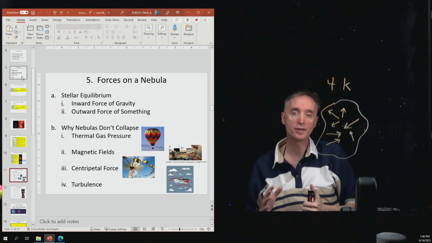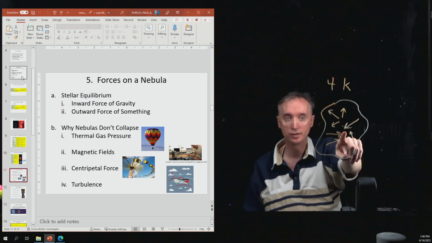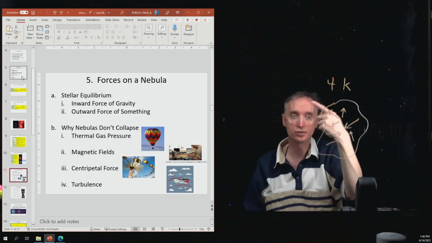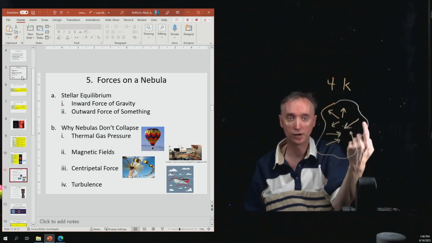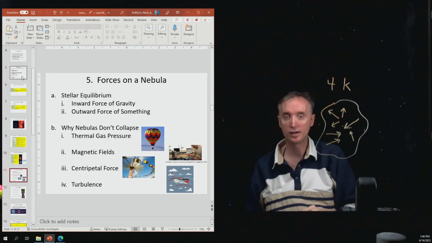But the point is that the particles in the cloud are also rotating very slowly, and so that provides another force that keeps gravity at bay.